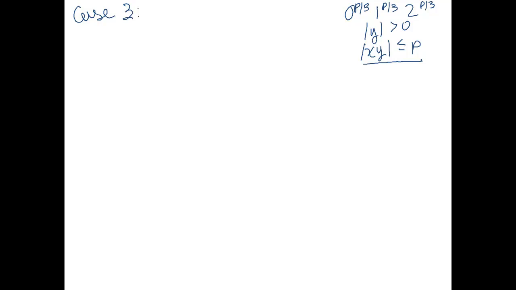We never restricted x or z to not be empty. Y could be the entire string. Okay? So our third case would actually be y is composed of some number of all 3 symbols.